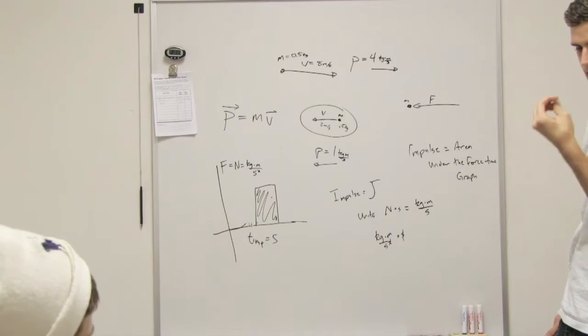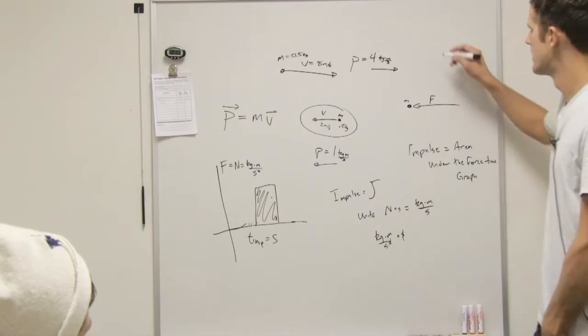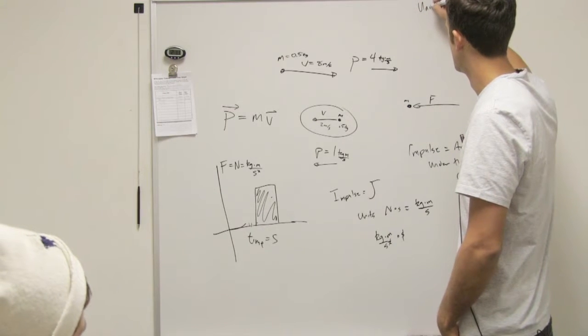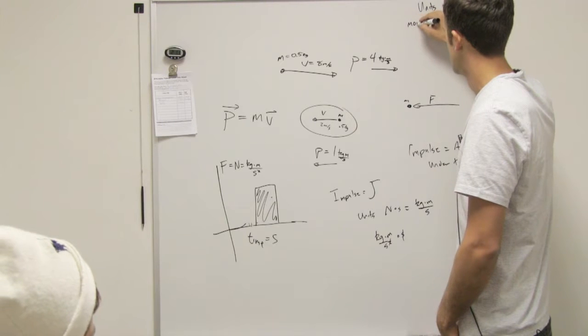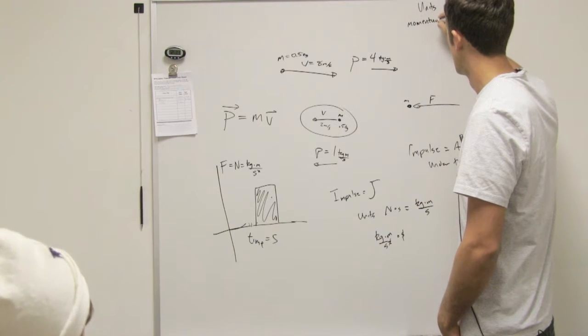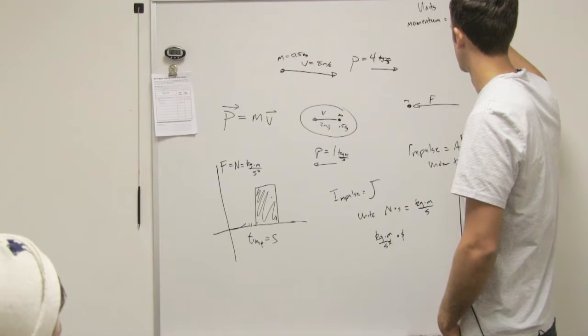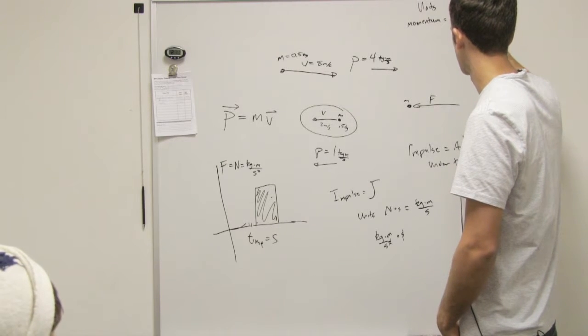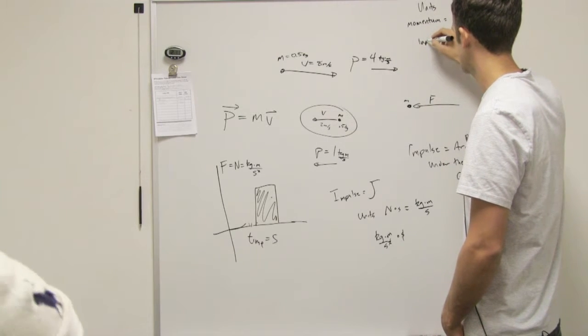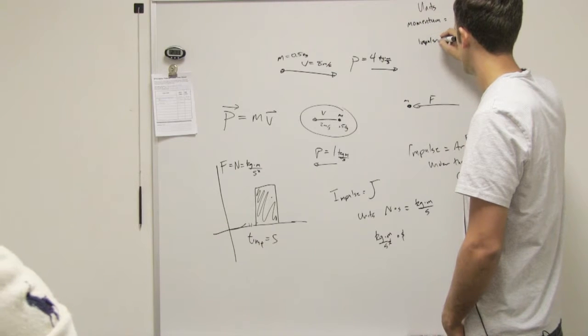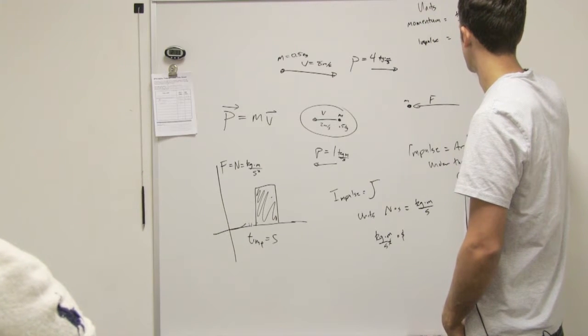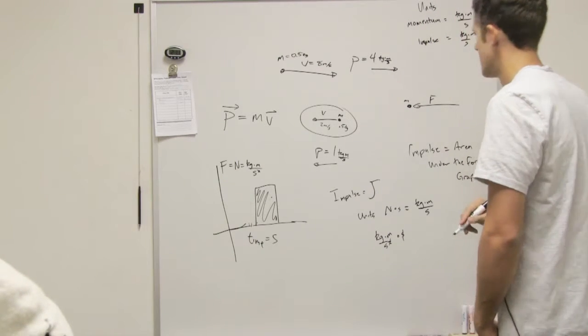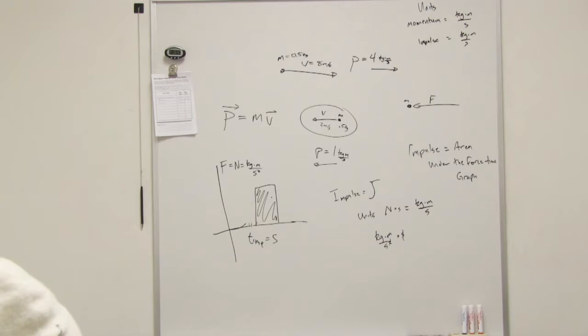So your units of momentum are kilogram times meter per second. Okay, yeah, I guess they're the same. Units of impulse are kilogram times meter per second. So they must be related, right? If they have the same units, they can relate to each other.